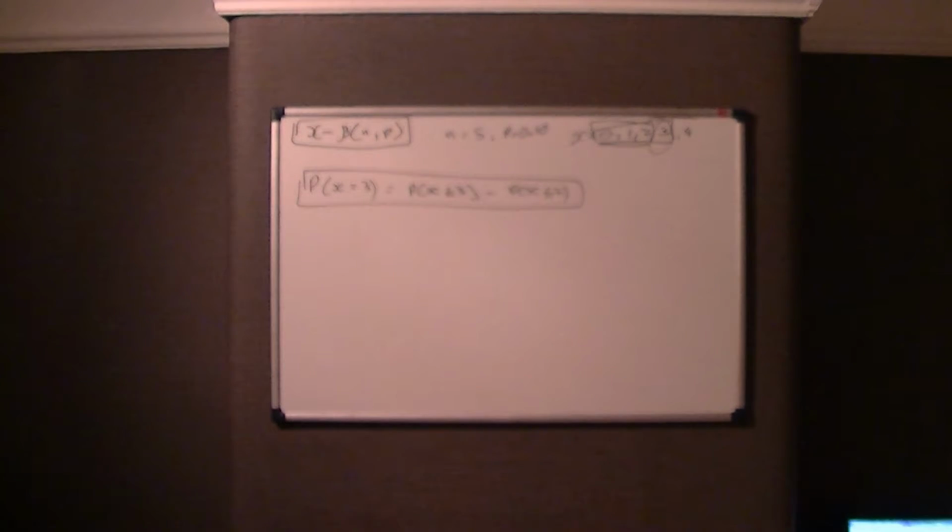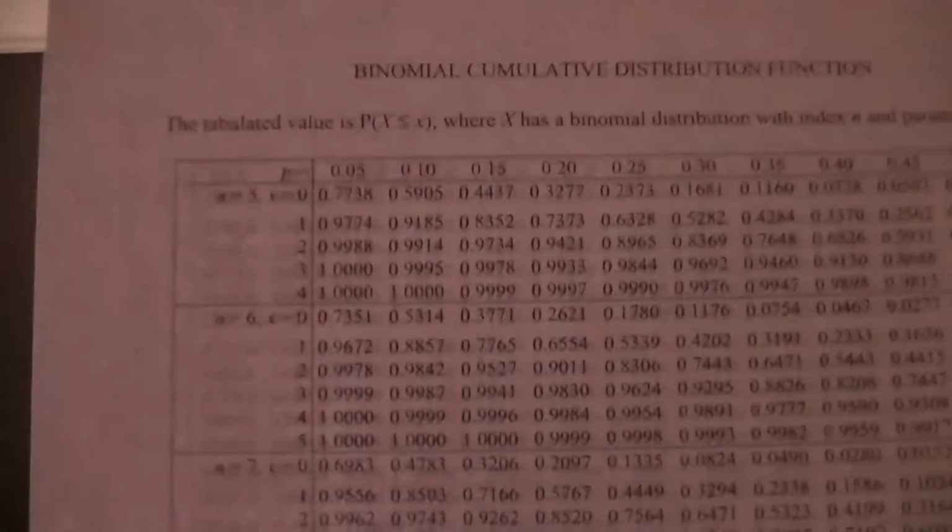That's just an example. So if we use the values n equal to 5 and p equal to 0.1, we can use this table.